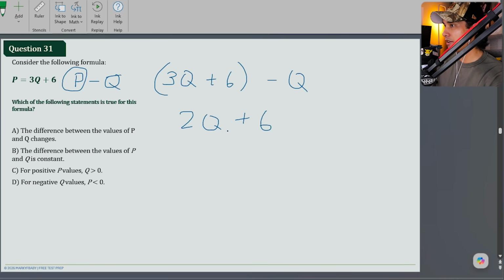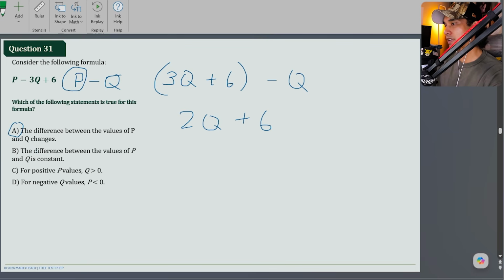And since we still have this Q here in the answer, the difference depends on the Q. That means if Q changes, then P minus Q changes. All right, so that proves A is correct. So A is actually the right answer.